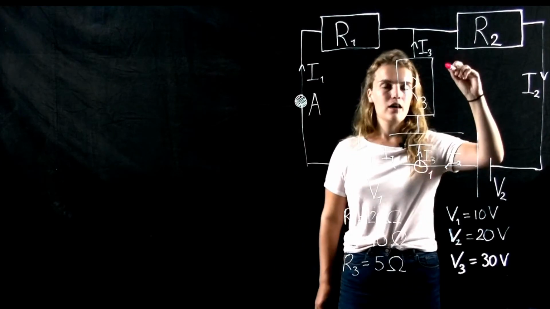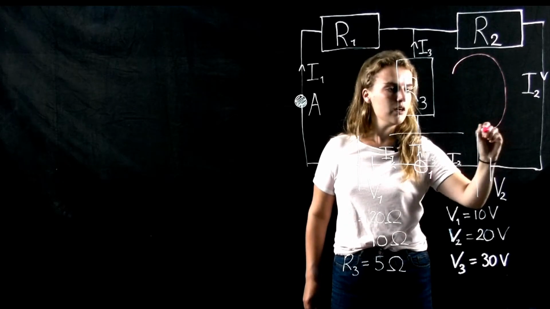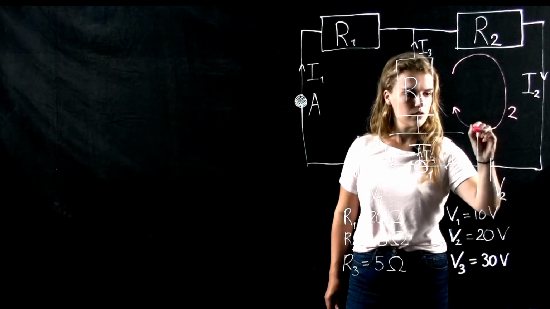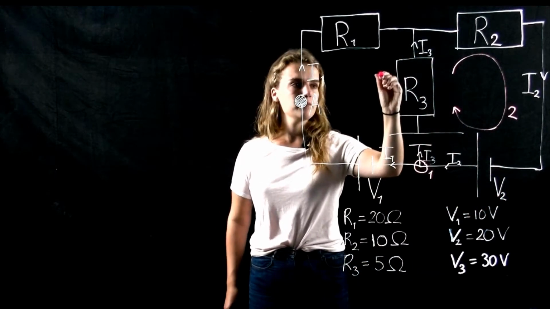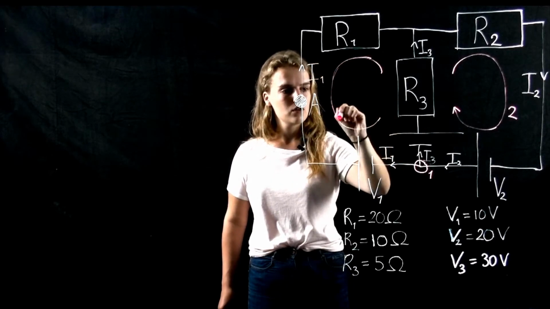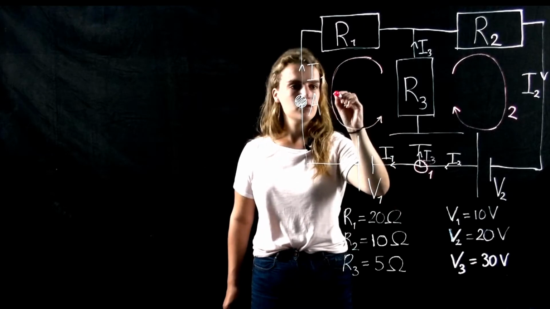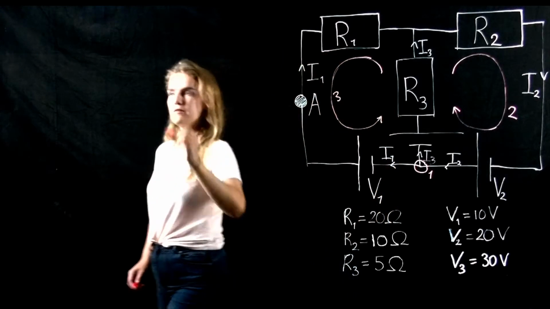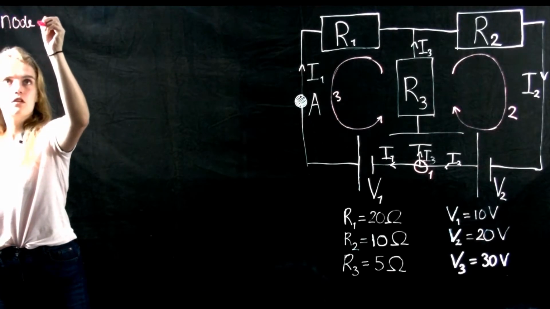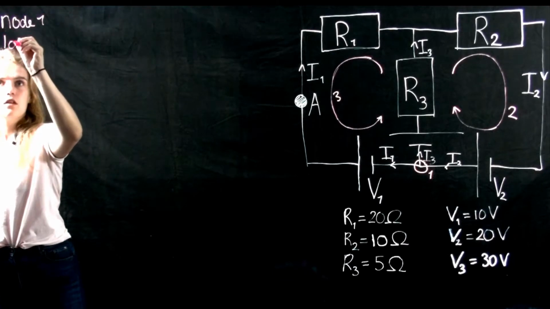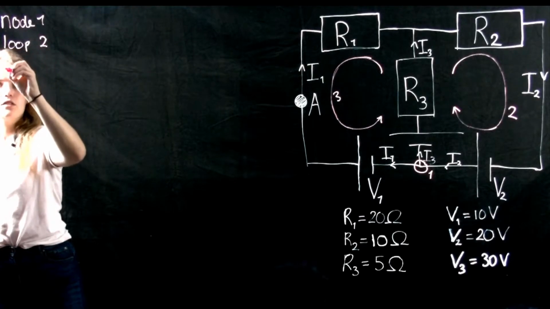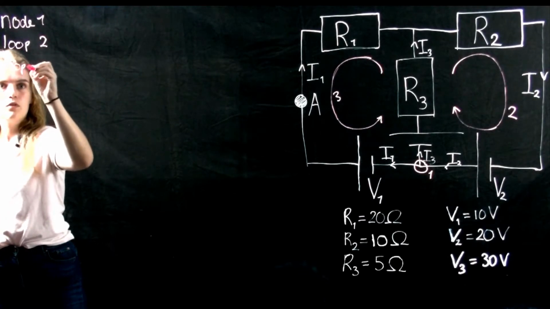Then we have a loop here, which I call 2, and another loop here, which we call 3. So we have node 1, loop 2, and loop 3.